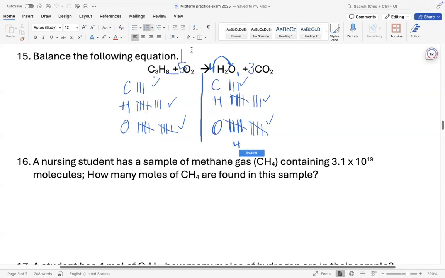So 4 of these oxygens came from the H2O. The other 6 came from the CO2. The 3 filtered out to the C, but it also filtered out to the O and multiplied by this 2. So 3 times 2 is 6. 4 plus 6 is 10. So there's 10 tallies. Thank you.